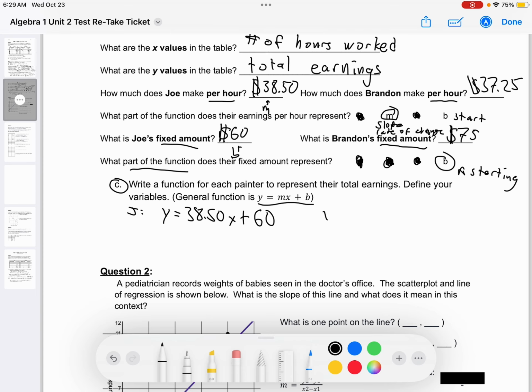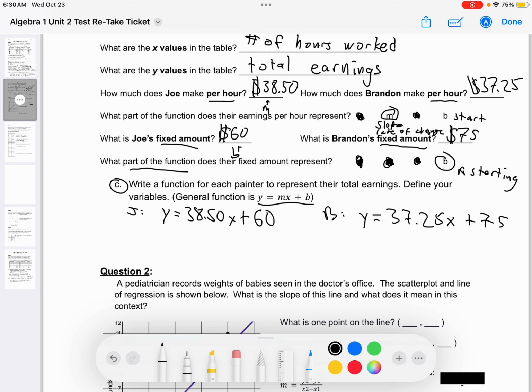For Brandon, we're going to have y equals, Brandon's slope, or his earnings per hour, is $37.25. We should have y equals 37.25x, plus his starting amount is $75, so plus 75.